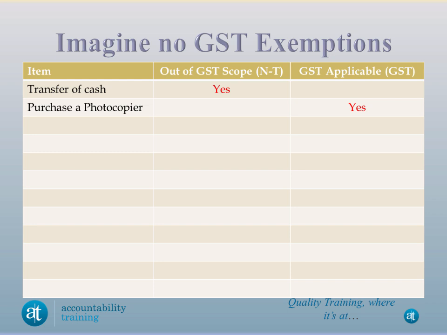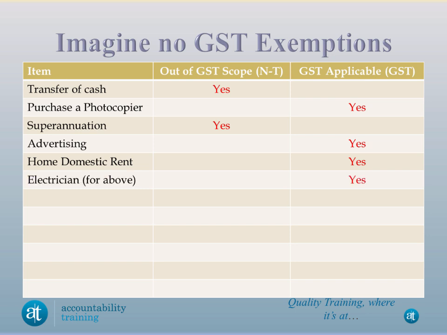Superannuation contributions are not the supply of either goods or services, and therefore would be out of scope of the GST. Advertising is a service, so would attract the GST. Domestic rent is the provision of goods as a service and would therefore attract GST. The electrician would be the supply of both goods and services, so of course would attract GST.